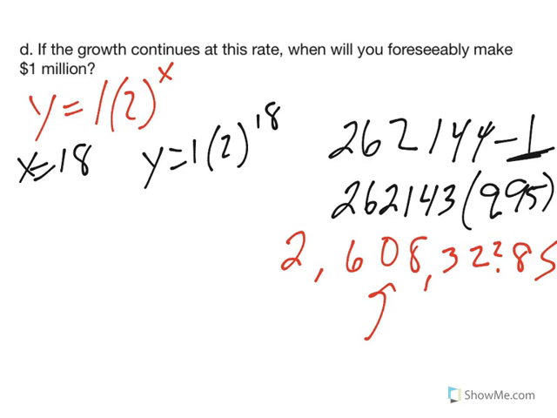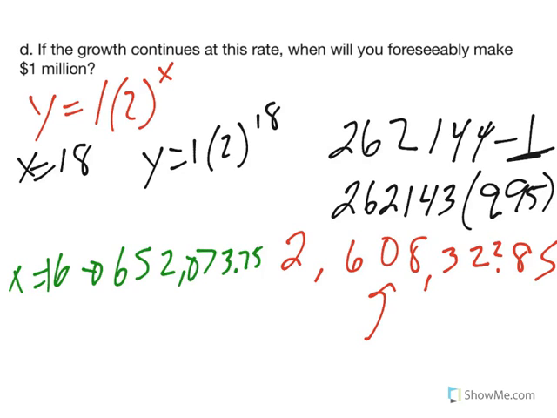If you use x equals 16, you come up that you're going to have made $652,073.75. That's not $1 million. When you use 17, you end up with $1,304,156.45. I can't read my handwriting.